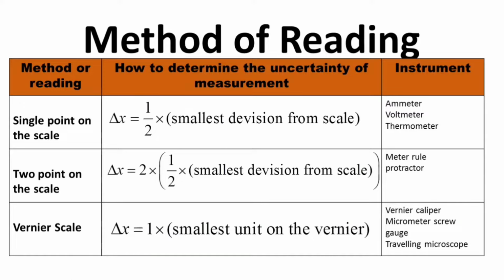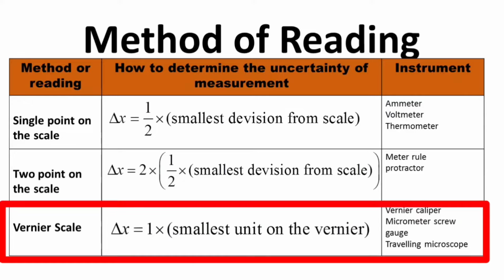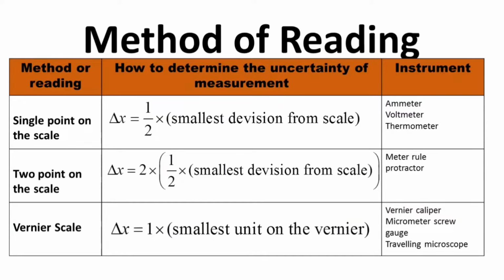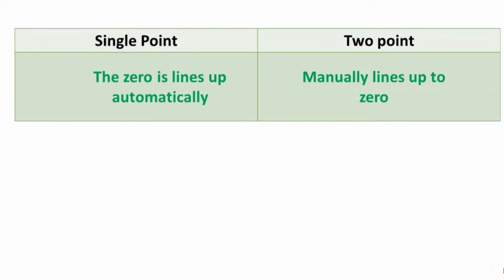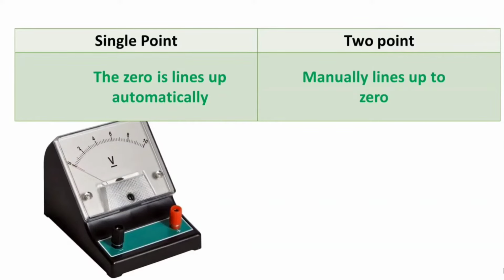Example of instrument are meter ruler and protractor. Finally, we have vernier scale. The uncertainty is going to be the smallest unit on vernier. Example of the instrument are vernier caliper, micrometer screw gauge, and traveling microscope. The easy way to know whether you have a single point or double point reading is that if the zero of the instrument is automatically lines up, means that the instrument is going to give you a single point reading, as in the case of a voltmeter.